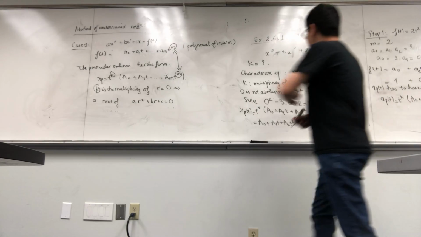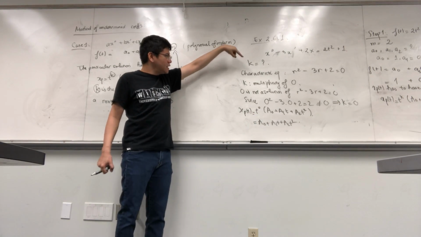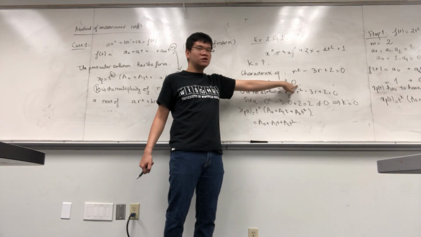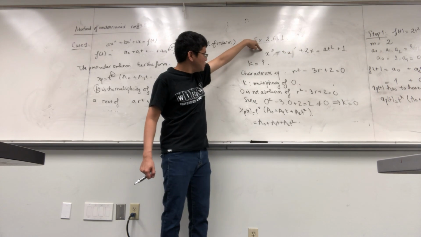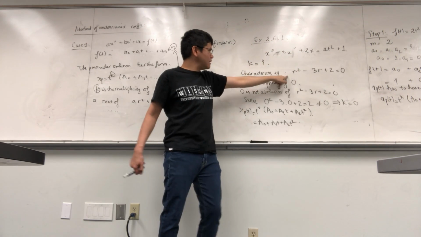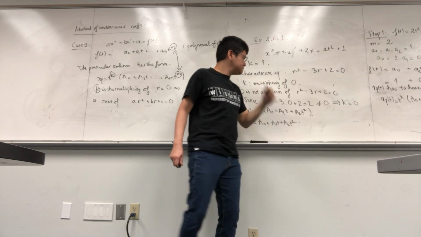Right? You want to determine c. So k is the multiplicity of 0 as the solution of the characteristic equation. So the first thing you have to do is to write out a characteristic equation. This is x second minus 3x prime plus 2x. So the characteristic equation is 2r squared minus 3r plus 2.